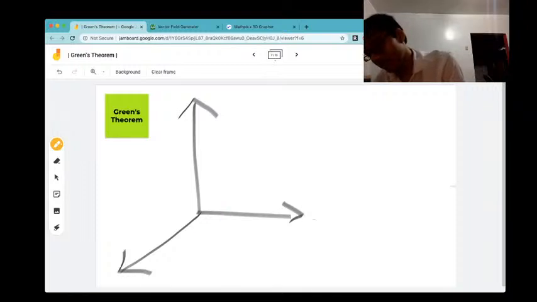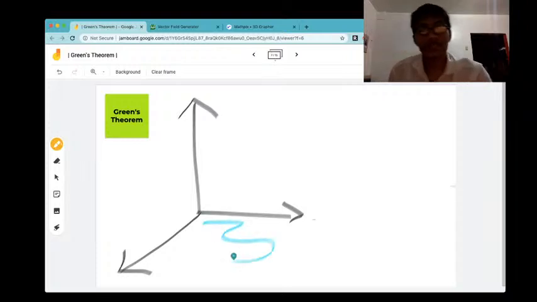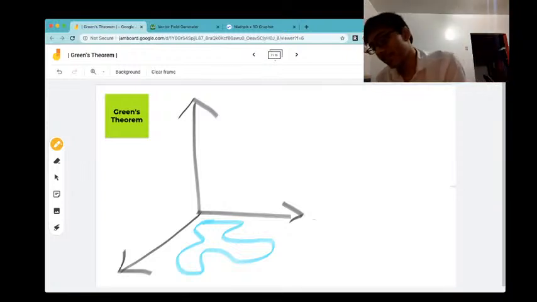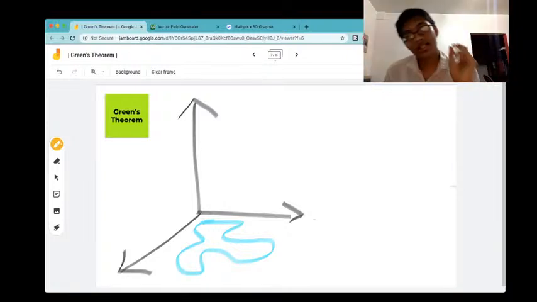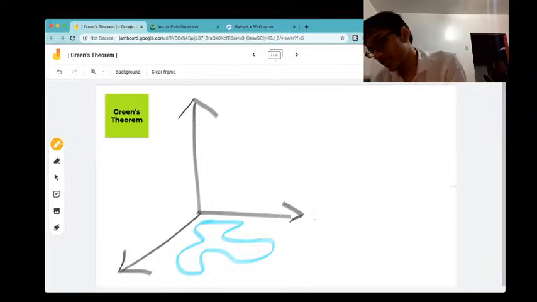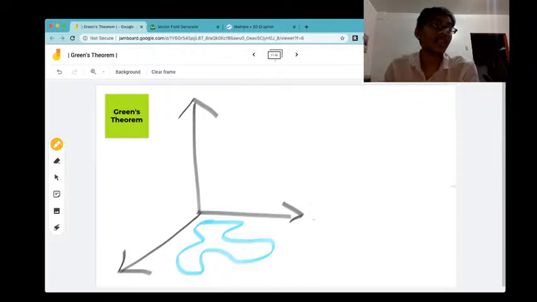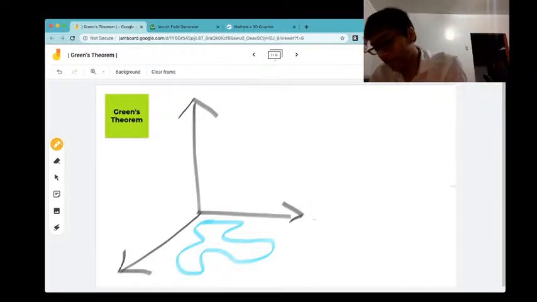So let's say I have that kind of SpongeBob looking curve, and every point on that curve is going to be associated with some kind of z value, right? It's going to be associated with a scalar function that's going to output a z value. Okay, so here it goes.